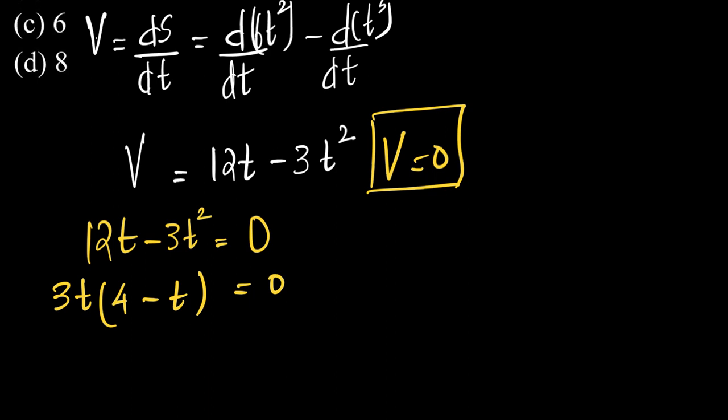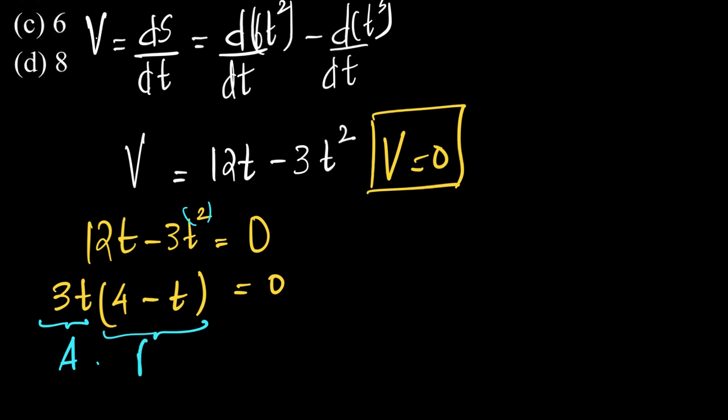Now see, we have two points to be noted here. One is that you can't cancel out t square and t by equating 12t to 3t square, because then the number of roots will become 1, since you cancel off t from both sides. The question clearly says the second time, which means it is happening two times, so we need two values.